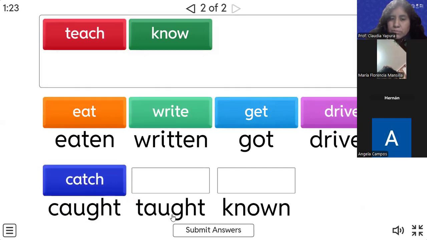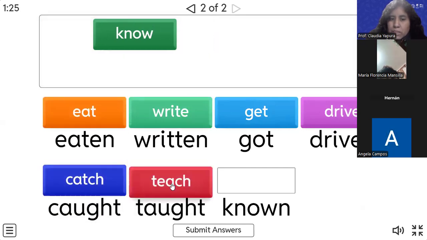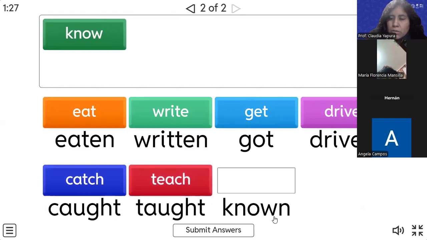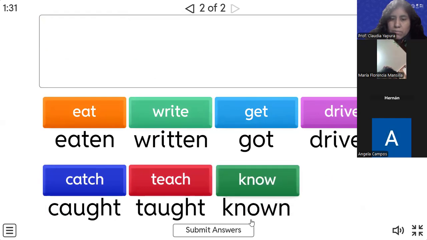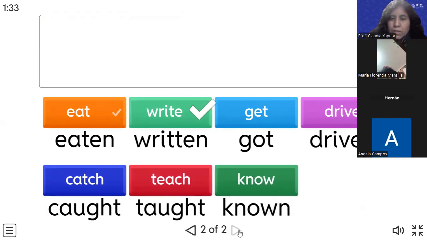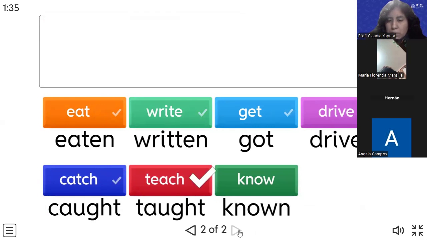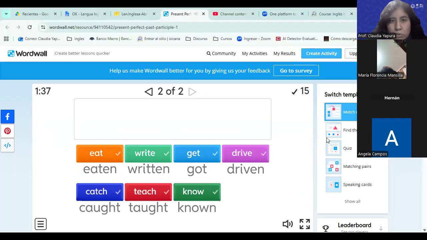Taught. Teach. And known. Know. Excellent. Now we are going to use this, yes, to make sentences like have you eaten sushi? Have you eaten dinner? Yes?